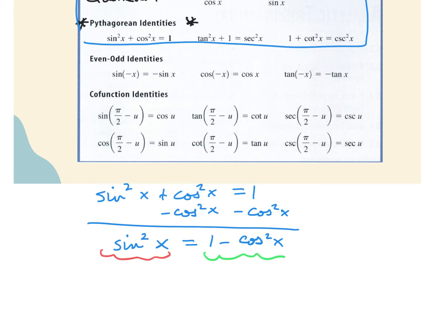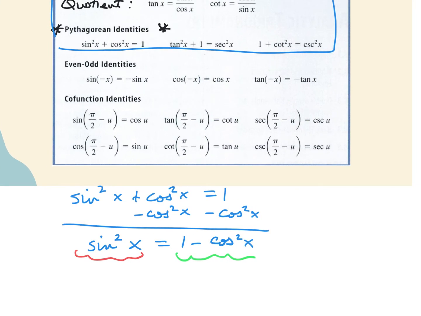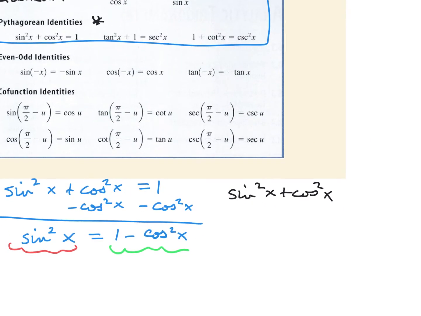So be able to solve any of your Pythagorean identities for any of the different parts. I could have even taken that same identity and solved it for cosine squared x. So be able to rearrange it into any rearranged combination, but it still means the same identity.